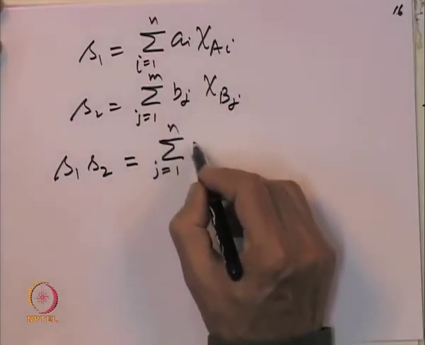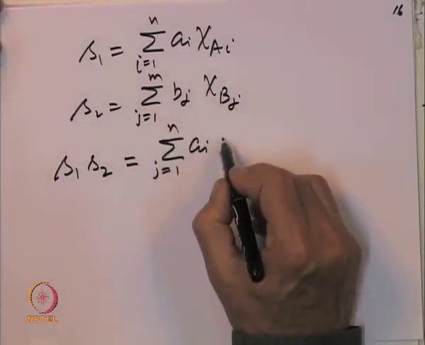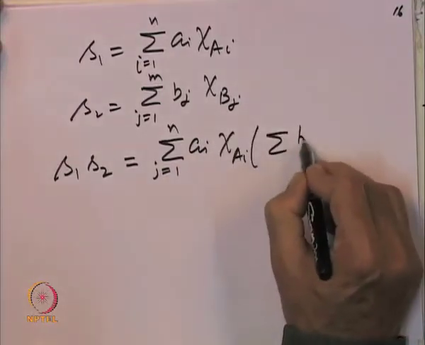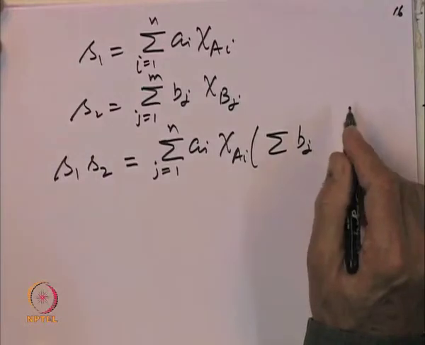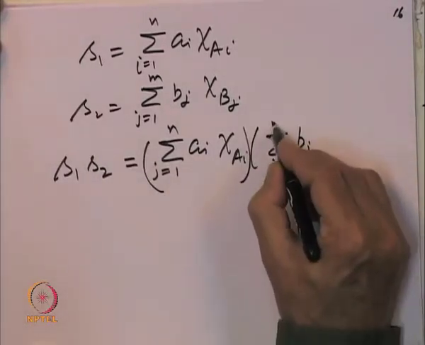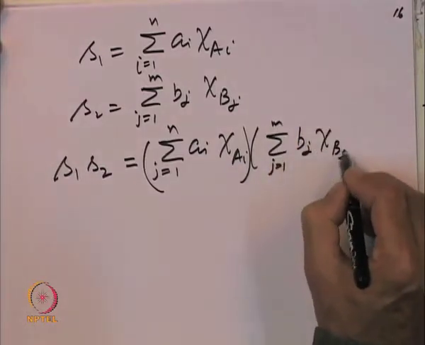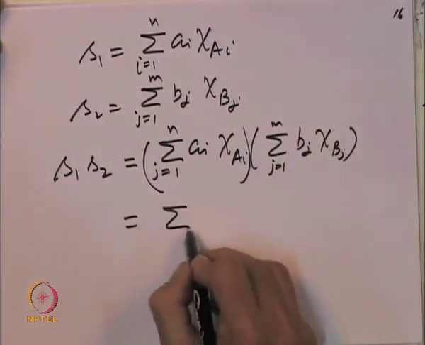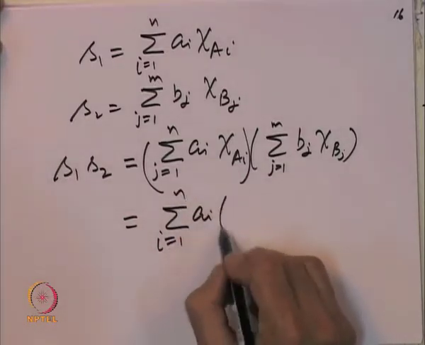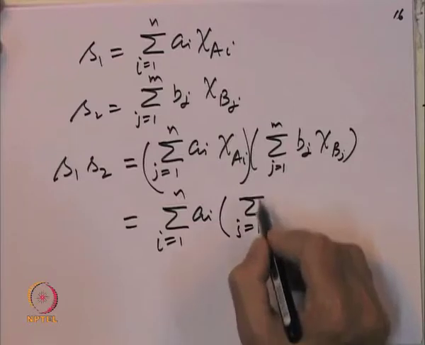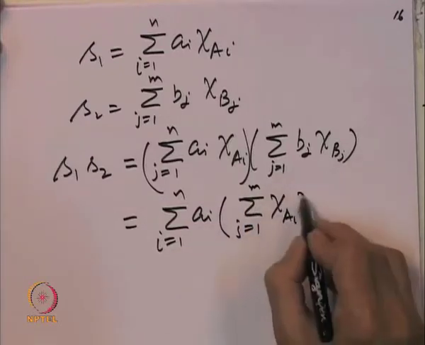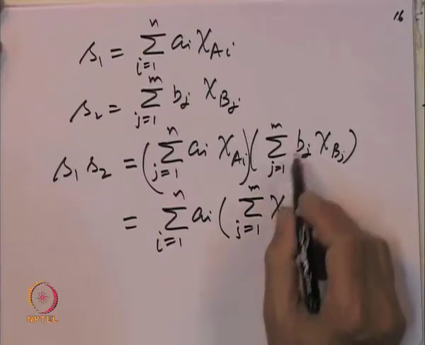So, summation 1 to n A_i chi of A_i times summation 1 to m B_j chi of B_j. So, we can write this as summation over i 1 to n A_i, summation over j 1 to m, chi of A_i chi of B_j times the constant B_j.